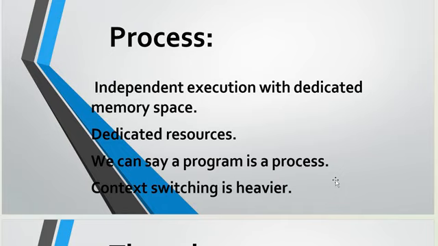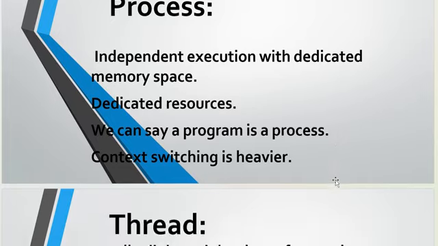So we have to take care that we should not create a lot of parallel threads, so that switching from thread 1 to thread 2, thread 2 to thread 3, like that, will not take a lot more time.